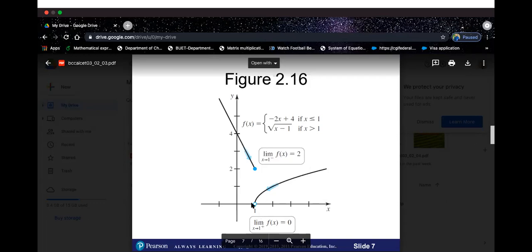You can see the line is actually on the x-axis. And we know that on the x-axis, the value of y is 0. Right? So the right-sided limit is 0. We can just eyeball it from the graph.